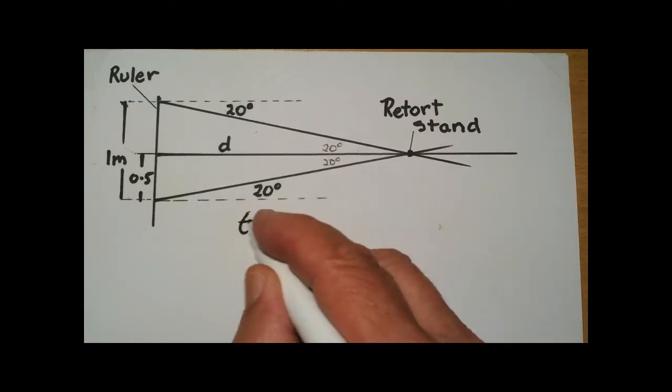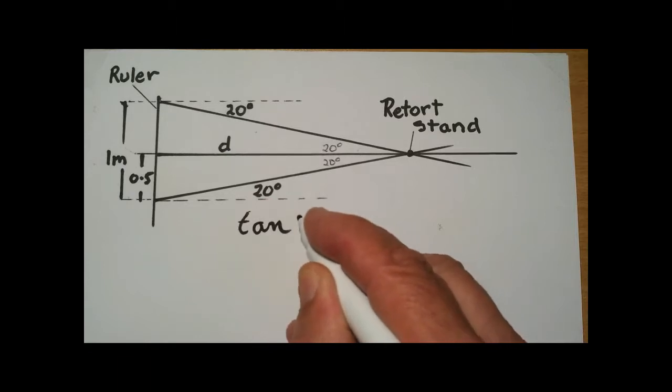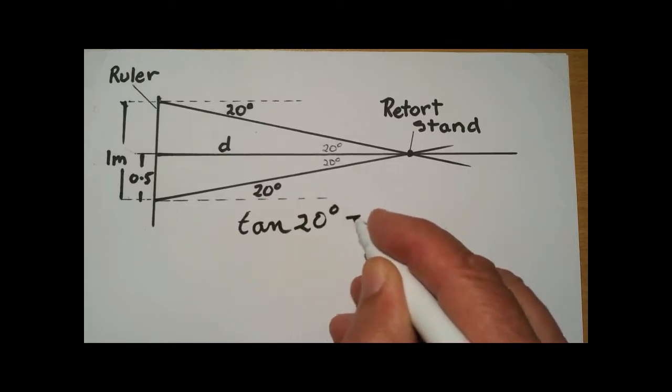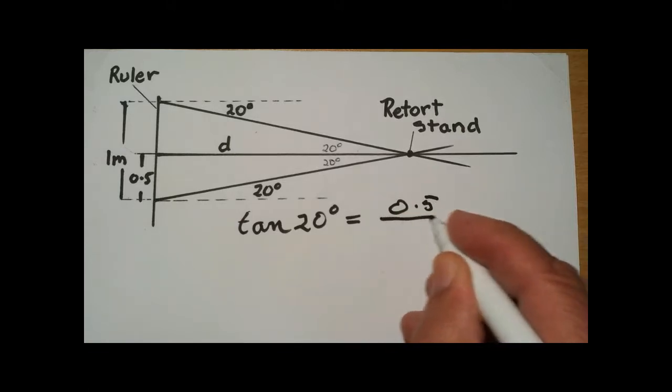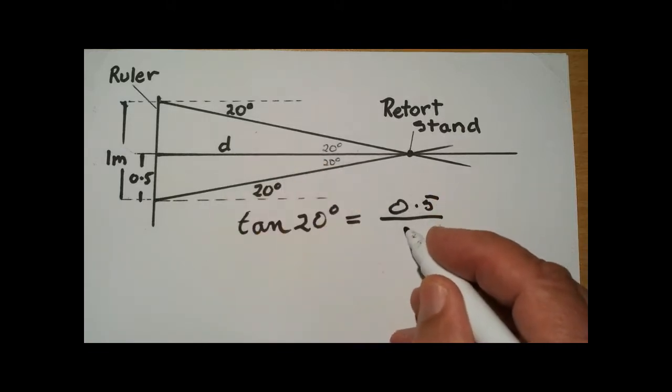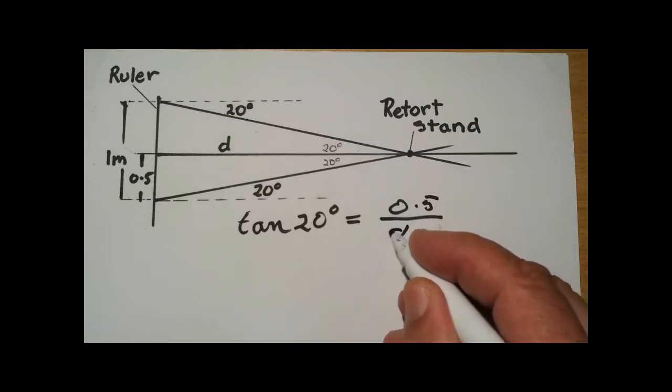So tan 20 degrees is equal to 0.5 divided by D.